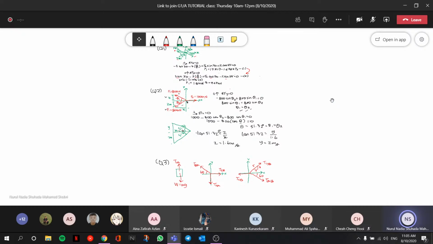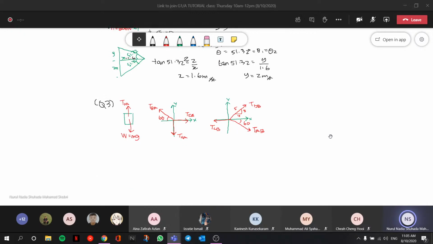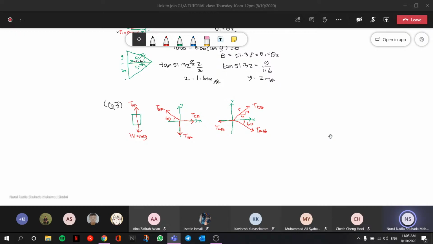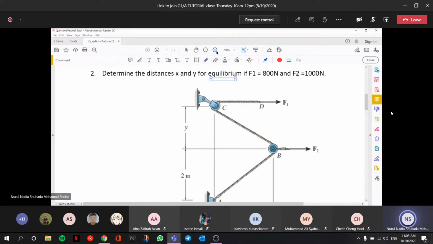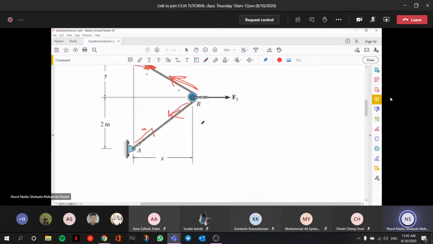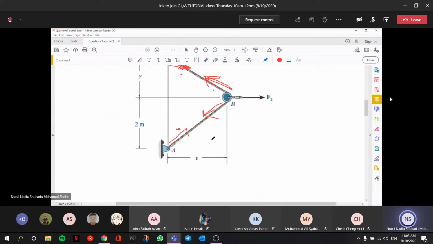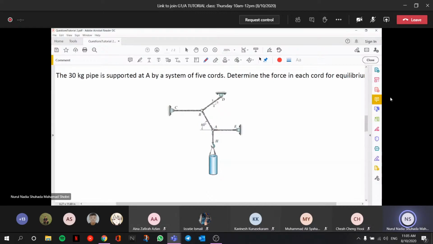So basically, in the questions, as you can see in the diagram, there are so many cords here.